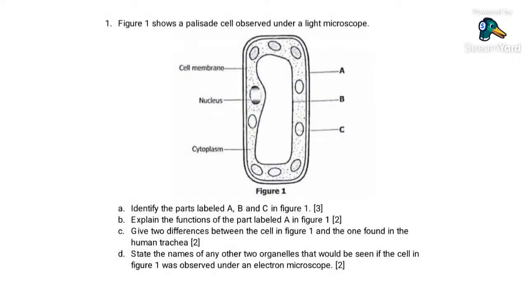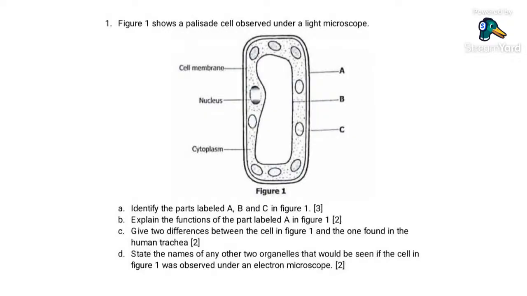Answer for D. Okay, answer for D. We're going to see the mitochondria. Okay, that's the first organelle that we can see if this figure is observed under an electron microscope. And we're also going to see ribosomes. Not only that, we're also going to see the smooth endoplasmic reticulum, and we can also see the rough endoplasmic reticulum.